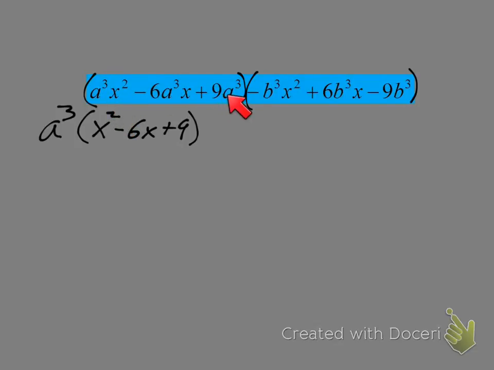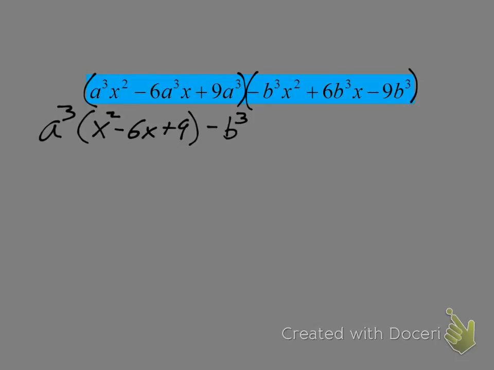Okay. Jazz? As far as this negative b cubed, if you take that out you have to do a negative b cubed, even though it's plus 6b cubed x. Because then this will turn this middle term to negative. Okay, see? Because you want the first term to be positive, the second one to be negative, the last one to be positive. So we take out that negative. Lydia?